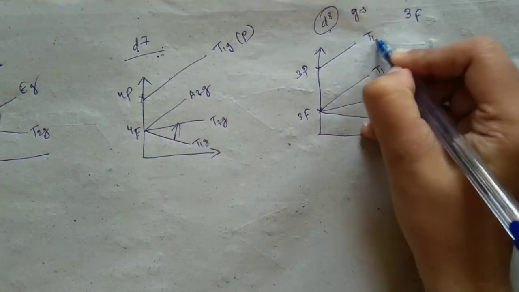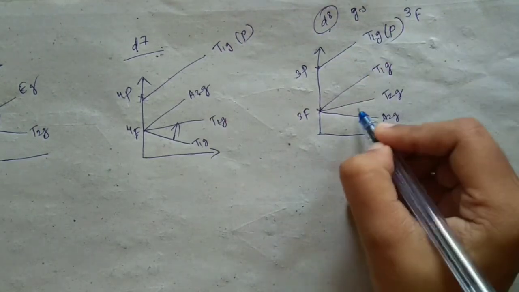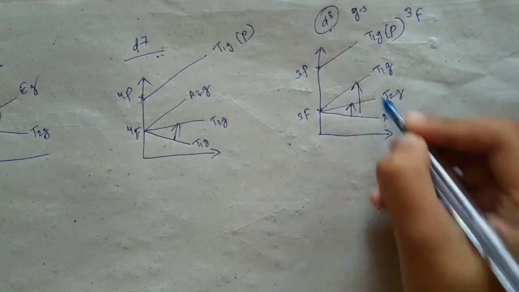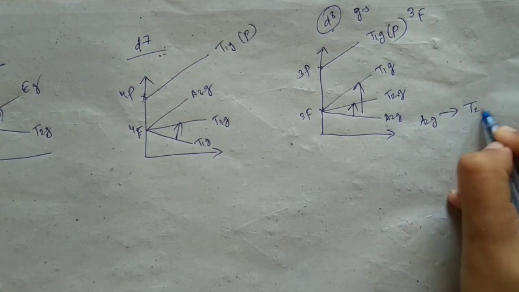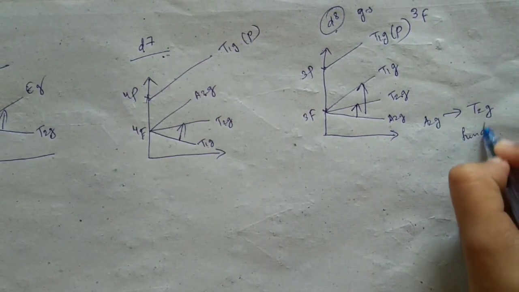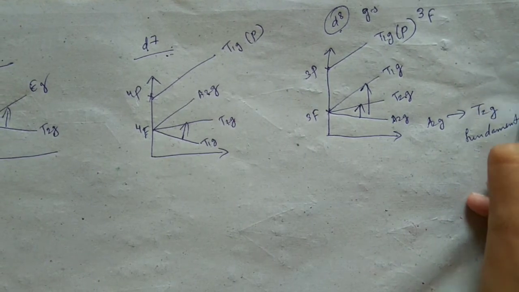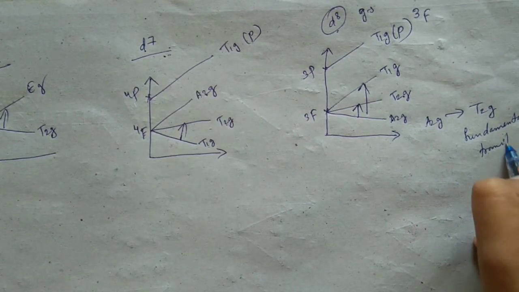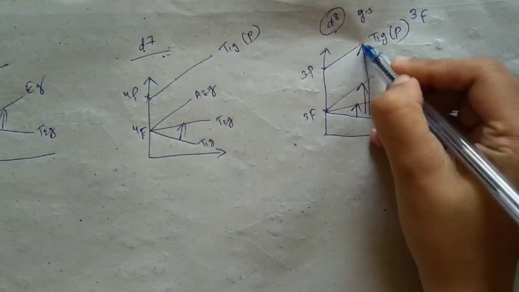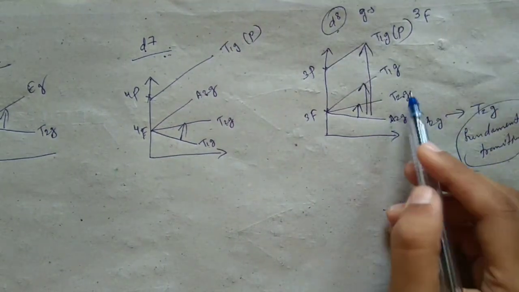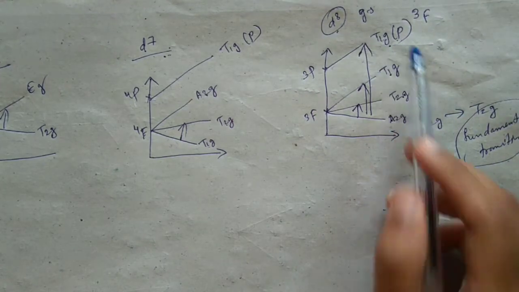Here T1g(P). So the fundamental transition is from A2g to T2g. So these are the 3 transitions: A2g, T2g, T1g and T1g(P).